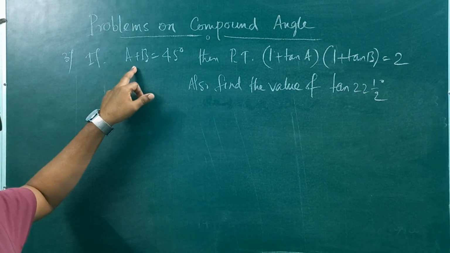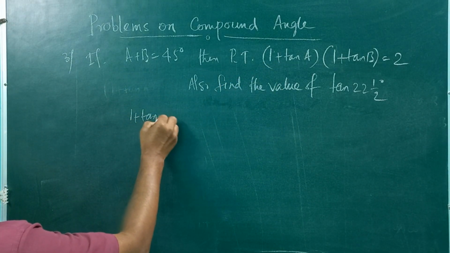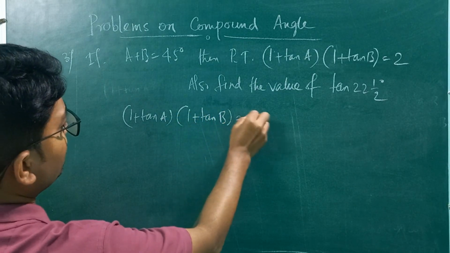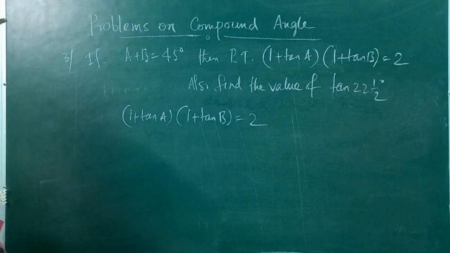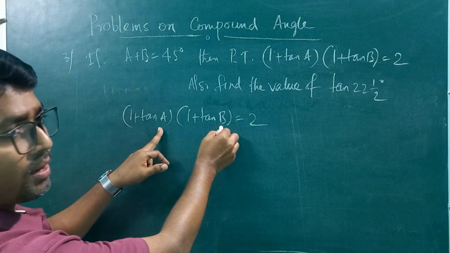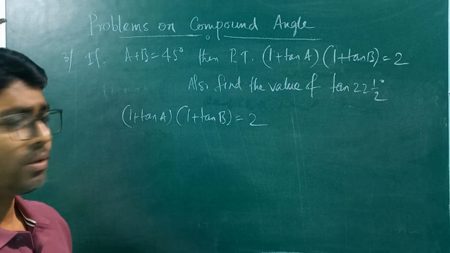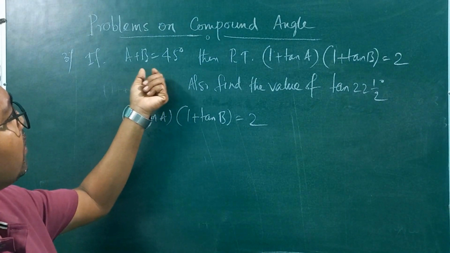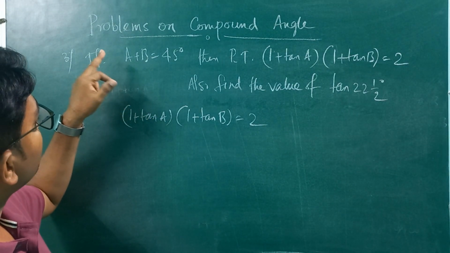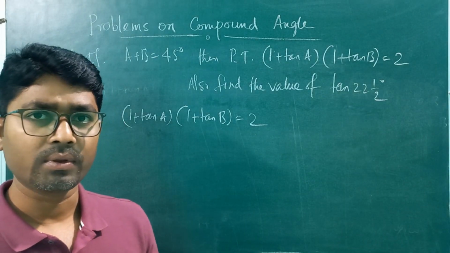Now, when a plus b equal to 45 degree, we have already proved 1 plus tan a into 1 plus tan b equal to 2. This is an identity, and this is valid for any value of a and b such that their sum is 45 degree. You can take 30 plus 15, this one 45 degree. You can take a 20 degree and b is 25 degree. Any value of a and b.